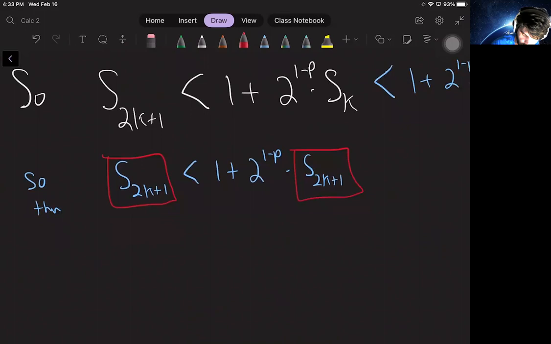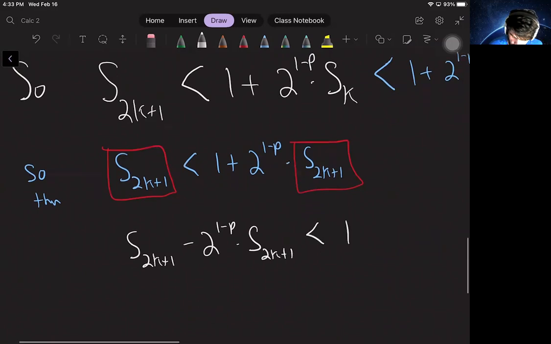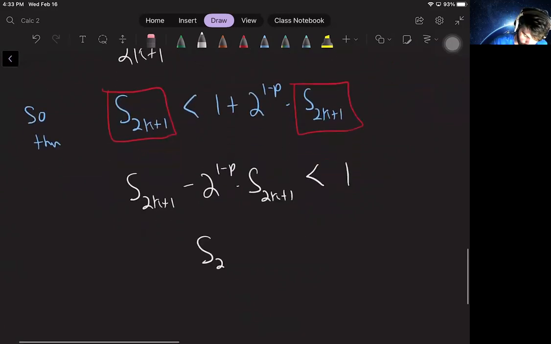And then what I can do is now I can actually solve for this by just moving them to the same side. So now if I subtract the terms that have this S_{2k+1} in them to the same side, then I can factor them out.